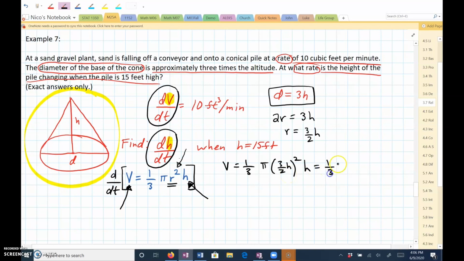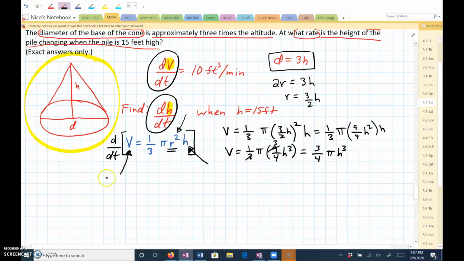If I square 3/2 h, that's 9/4 h squared times h. So this equals 1/3 pi times 9/4 h cubed, and 3 goes into 9 three times, so V equals 3/4 pi h cubed.